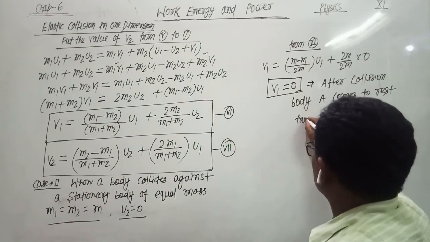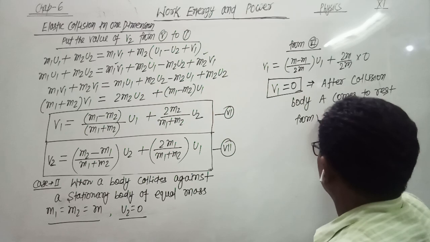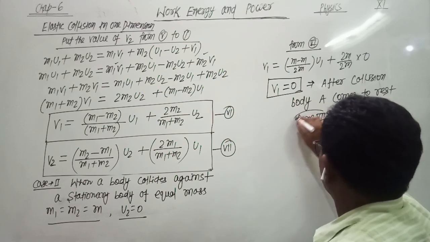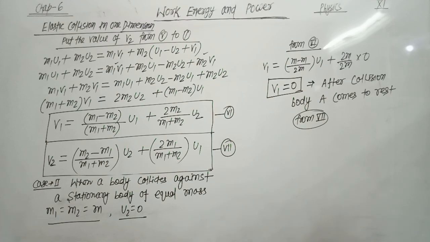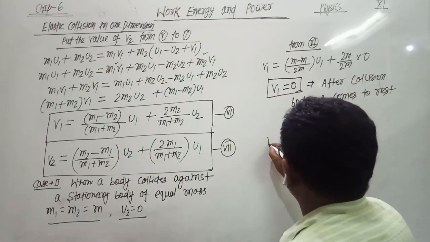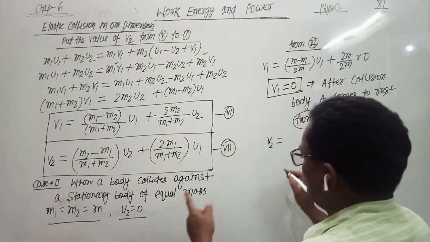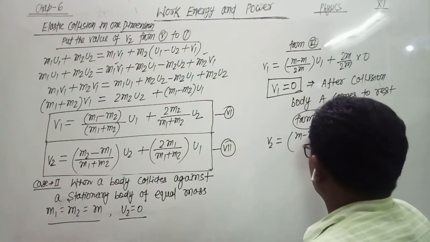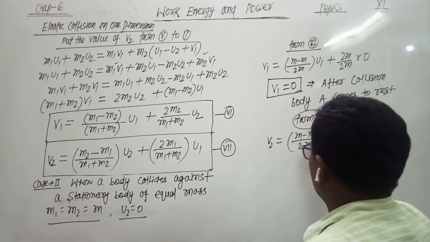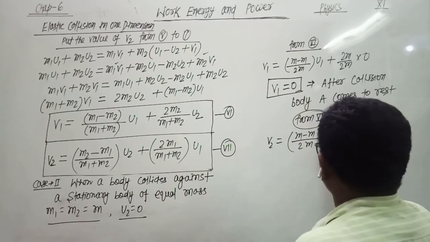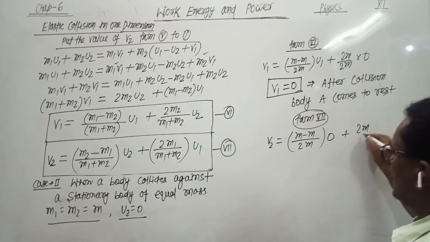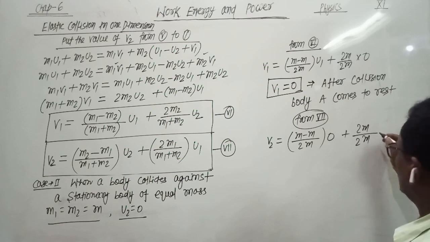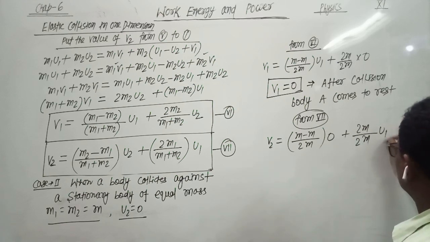Now from equation number 7, again we put m1 equals m2 equals m and u2 equals 0. So we get v2 equals (m minus m) upon 2m times u2, which is 0, plus 2m upon 2m into u1.